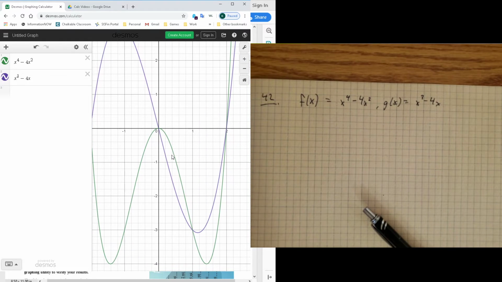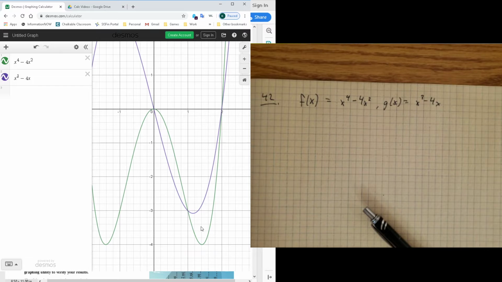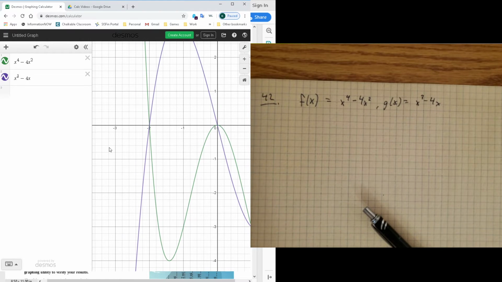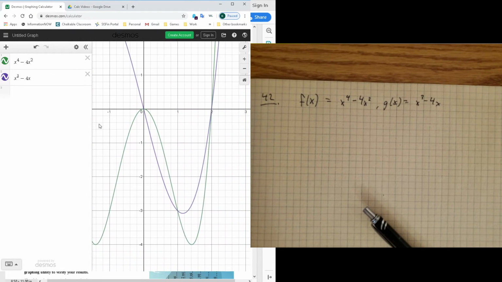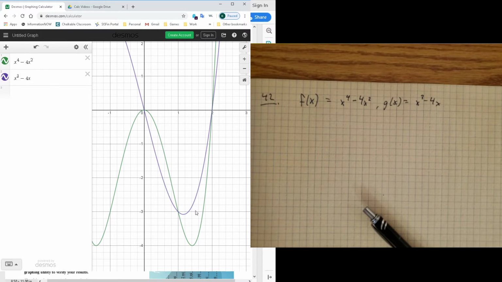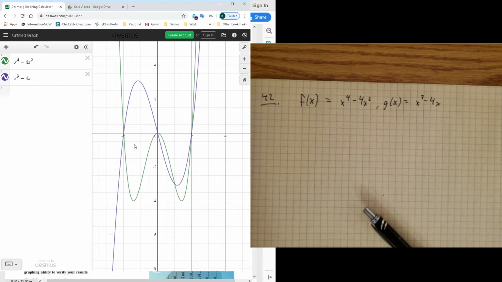There's a second bounded region, this one here, between 0 and 1, where the green one is on top and the purple one is on bottom. And there's a third bounded region down here. Notice that the regions to the upper right and upper left are not bounded, so we can ignore them. But there are 3 unique regions in this problem.